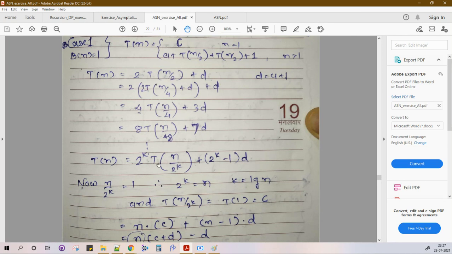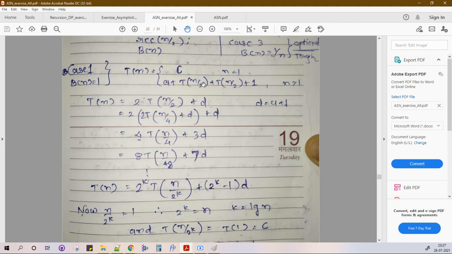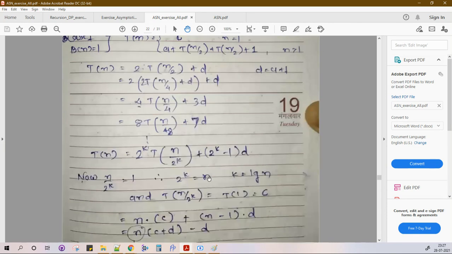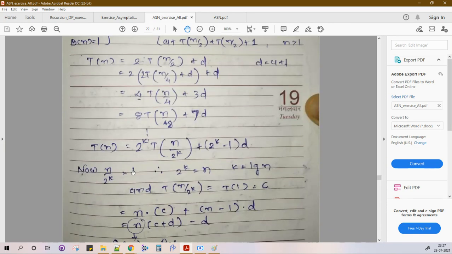Now, when will this loop terminate? When n by 2 raised to k would be equal to 1, correct? Then and only then T(1) would terminate. So n by 2 raised to k equals 1, that means 2 raised to k equals n. Simple mathematics, if I take log on both sides, k equals log n, right?